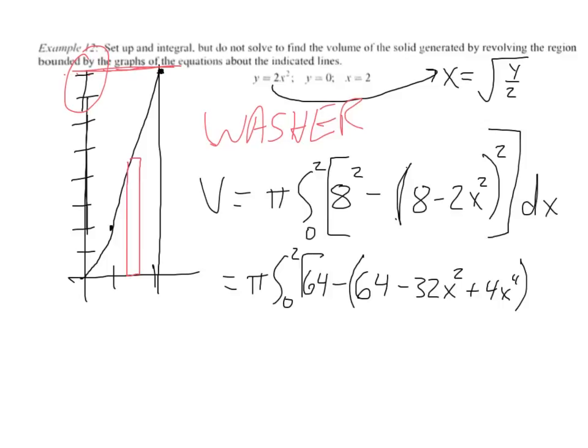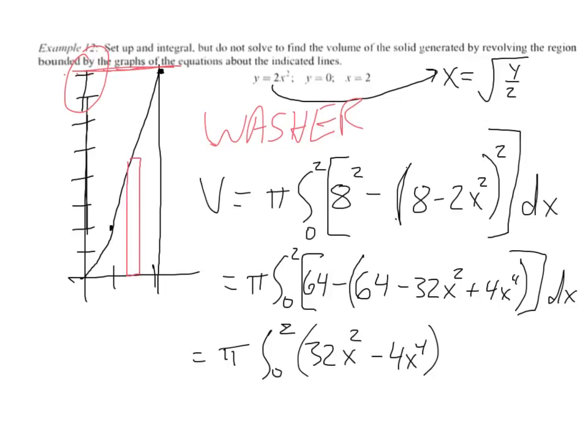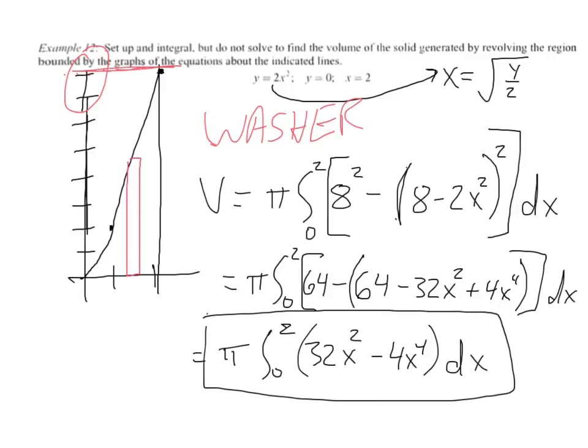Okay, so it gets kind of messy here for just a second. But then once I get there, 64 minus 64, that goes away. The 32x squared becomes a positive, and then it'd be a minus 4x to the fourth. Let's put that in parentheses so we realize we integrate all that with the dx.